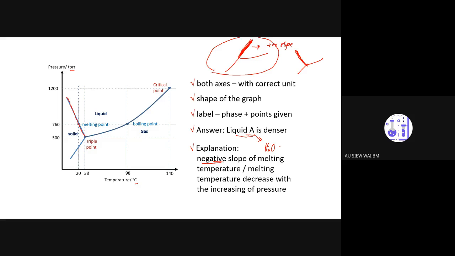So negative slope of the melting temperature atau melting temperature decrease with the increasing of the pressure. So kita boleh guna term yang ini. Atau kita boleh bagi tahu melting temperature dia decrease with the increasing of the pressure. So based on this one, you boleh nampak tak? Kalau pressure dia semakin meningkat, temperature akan semakin menurun. Faham tak?